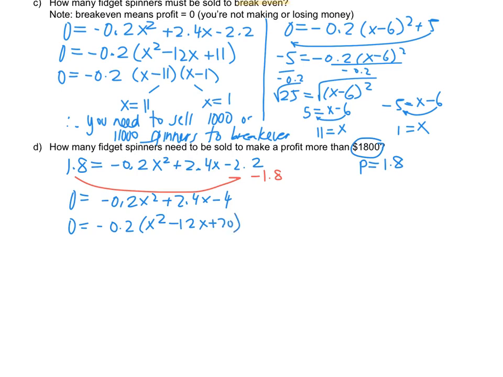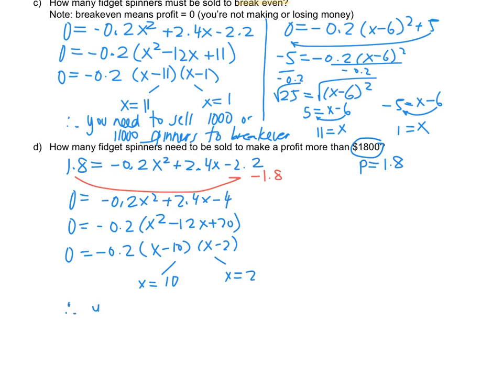And now we can factor our simple trinomial. So what two numbers multiply to positive 20 but add up to negative 12? Both of our numbers are going to be negative again, and they're going to be negative 10 and negative 2. So when you set your brackets equal to 0 and solve for x, you get positive 10 and positive 2, which doesn't mean 2 or 10 spinners, it means 2,000 or 10,000 fidget spinners.